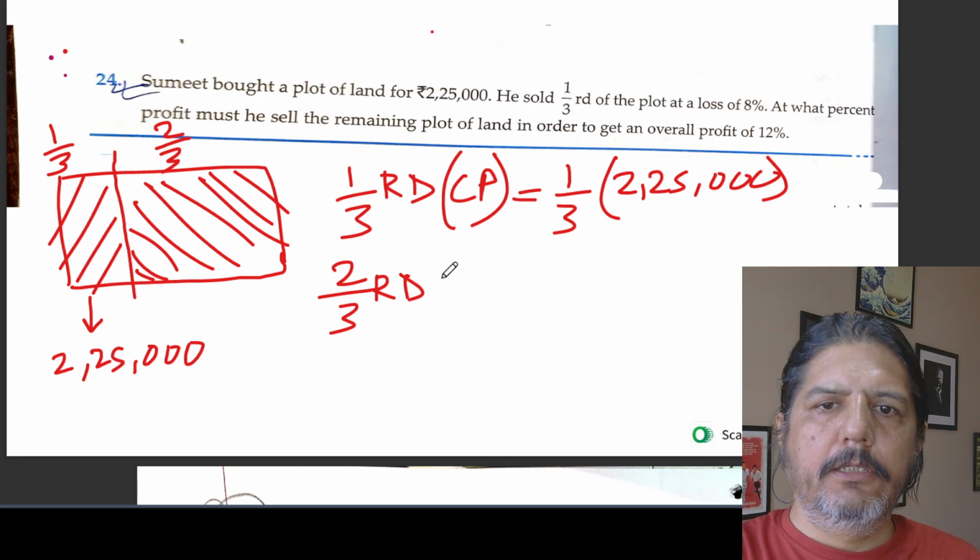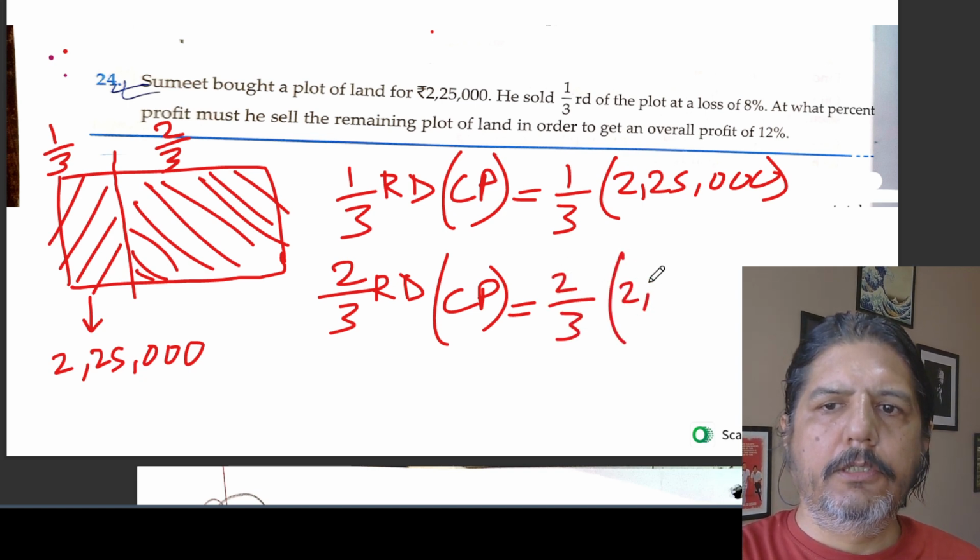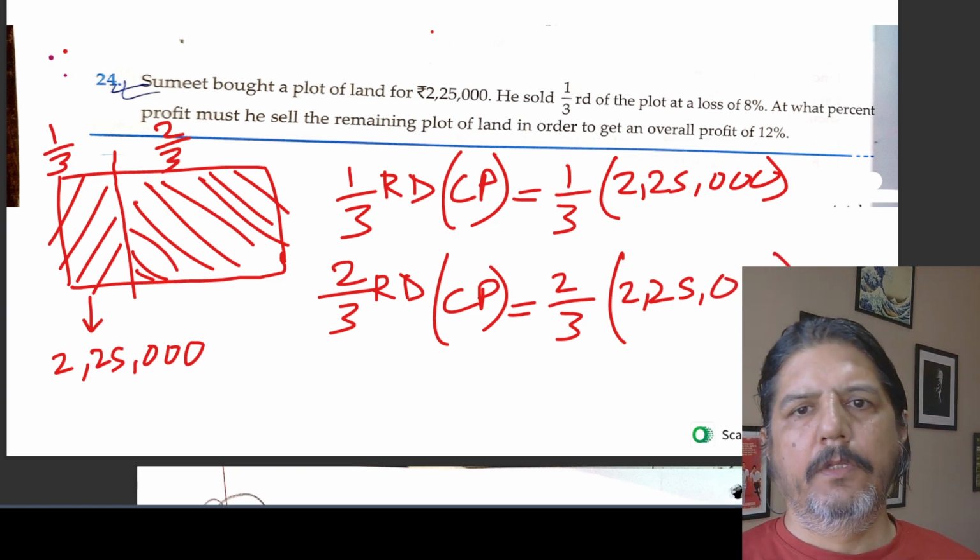And the cost price of the remaining part would be two-thirds of 2,25,000. I hope this is clear.